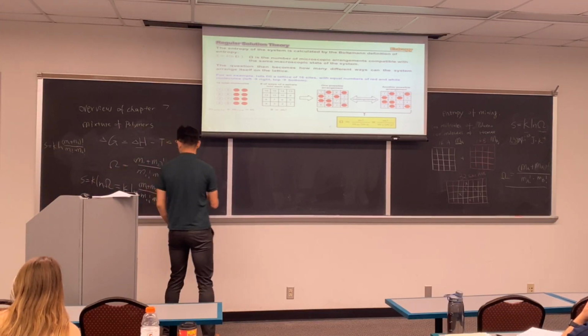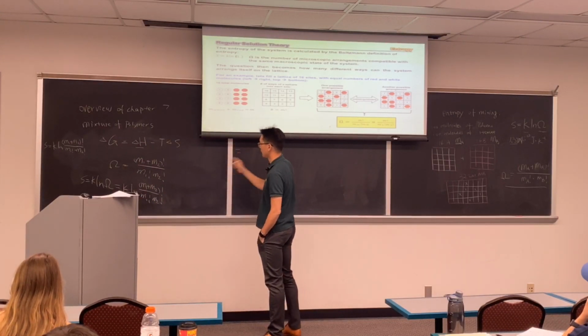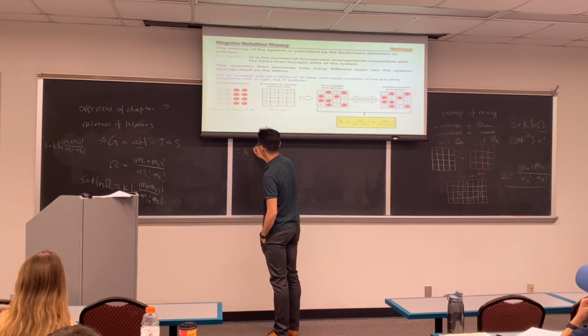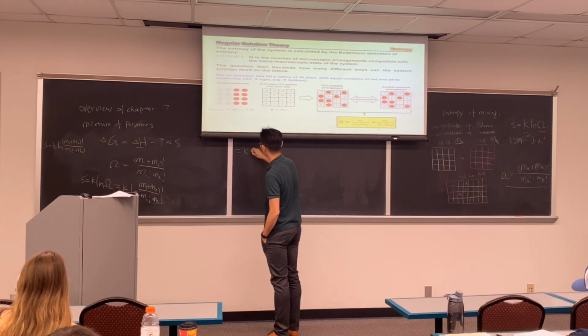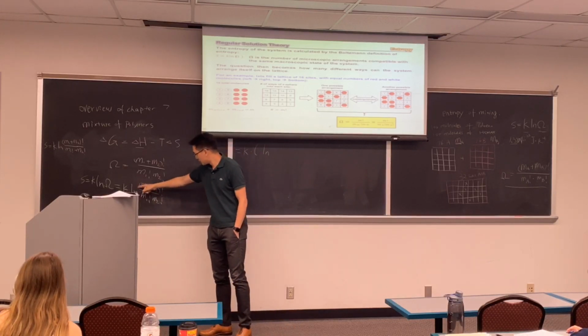It requires a little bit of math, but not too hard. Let's get into that. I'll write here so everybody can see. So we will have k multiplied by, what is ln in this term?